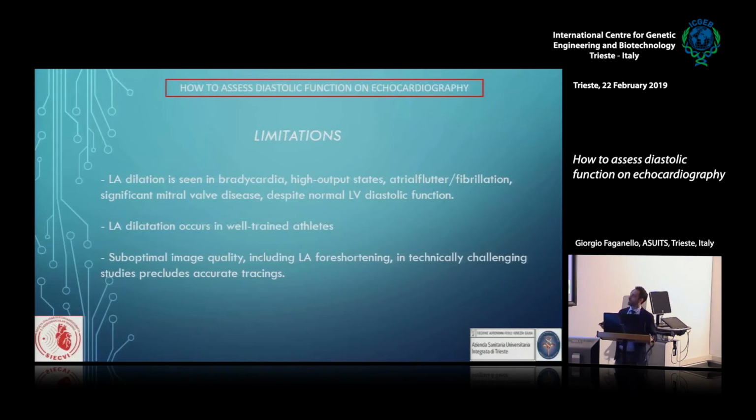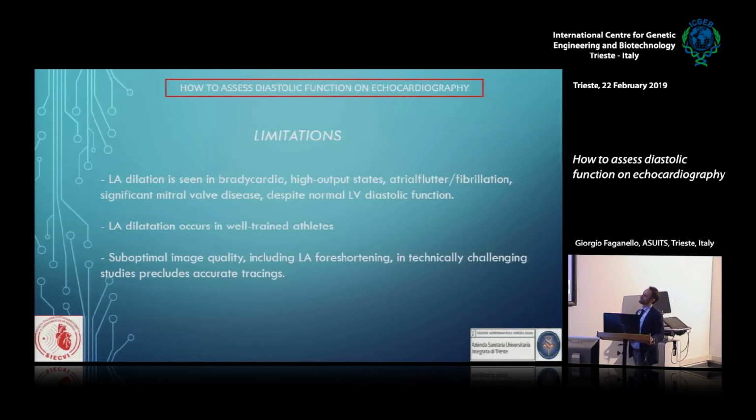Limitations: the LA can be dilated if the patient has severe bradycardia or high output states like pregnancy, atrial flutter or fibrillation, or mitral valve disease, despite normal diastolic function. If you are an athlete, you have a good chance of having your LA dilated.